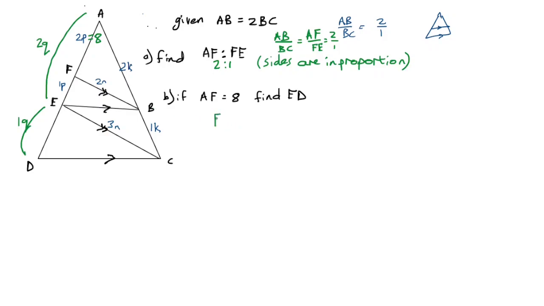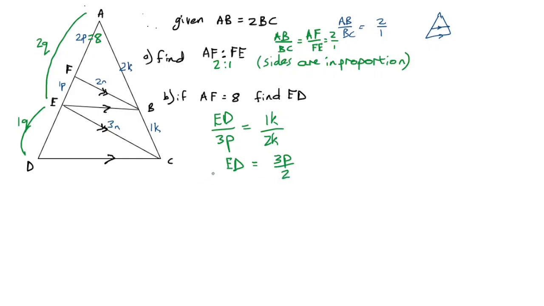So I could do it as a ratio: ED, the bottom, over this entire top here, which at the moment is 3P, is equal to the other bottom, 1K, over the other top, 2K. And so the Ks will cancel, and ED will just be 3P over 2.